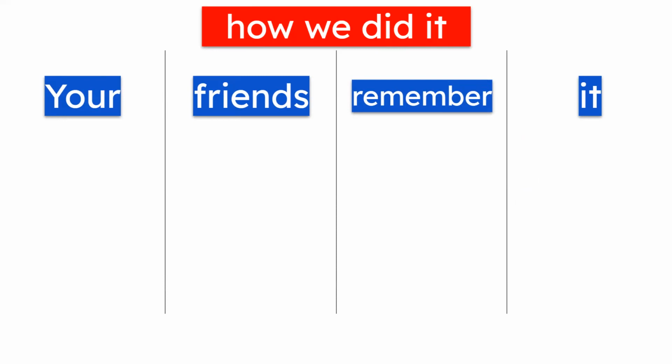Your friends remember it. Okay, you've got 10 seconds to do it, and they start now. By the way, in case you don't know, the verb remember is recordar. Recordar, and it's regular.